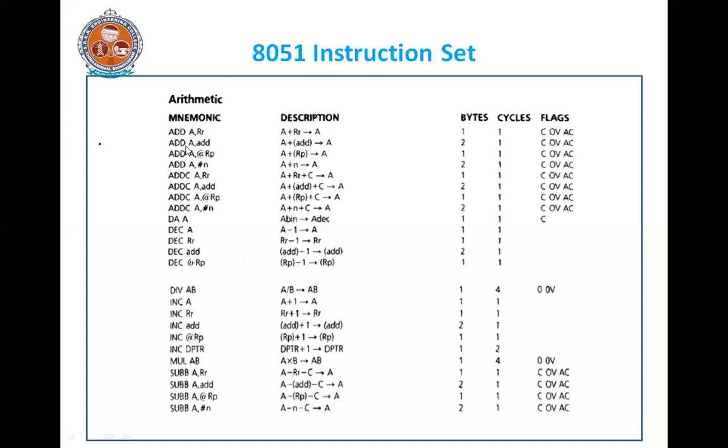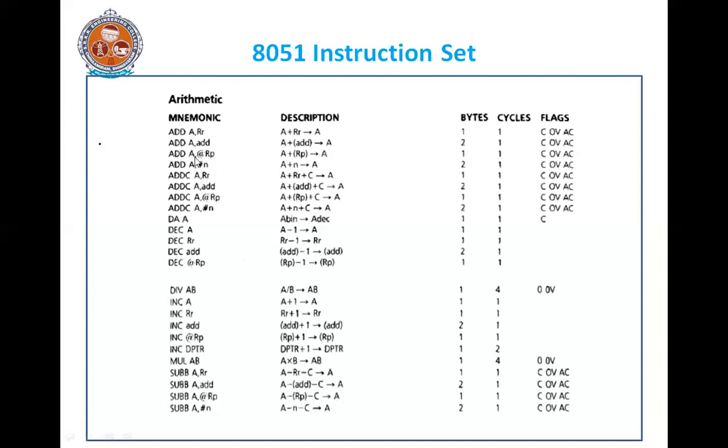The next one is ADD A, add. Here this small add is a label. The contents of the accumulator register are added with the contents available in the label add, and the result is again stored in the accumulator register.